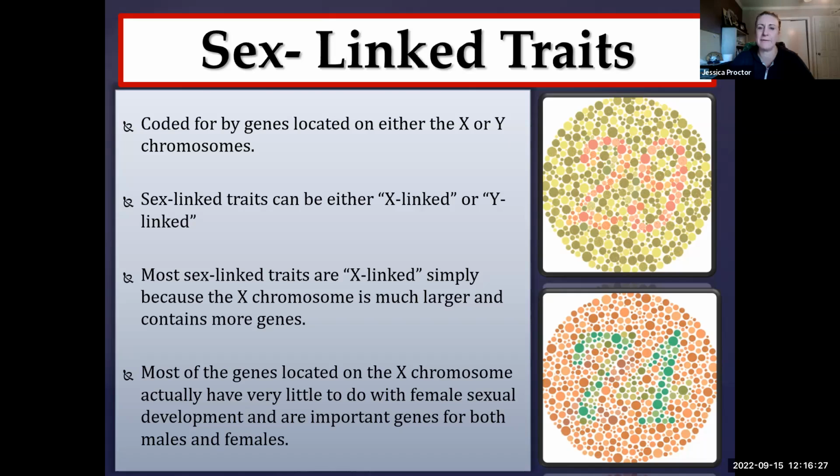A famous example of X-linked characteristics would be color blindness. On the right-hand side of the screen here, you can see two circles. Those of us that have full red-green color vision can see a 29 in the middle of the circle on the top, and a 74 in the circle on the bottom. If you can't see that, that's okay.